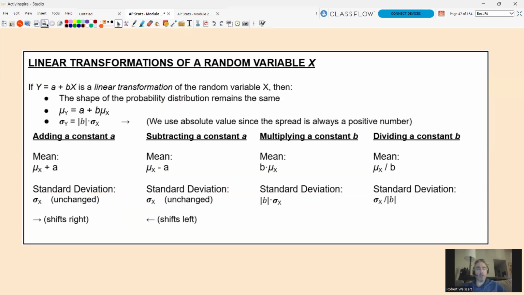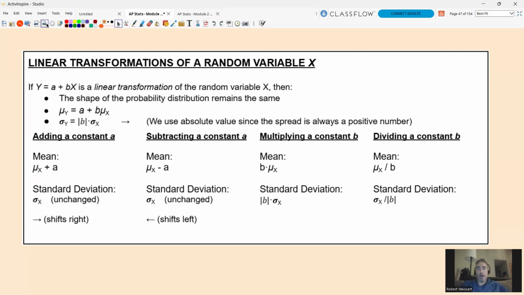So the generic idea is that multiplying or dividing will always change the standard deviation and the mean. What it won't change is the shape of the distribution. Adding and subtracting will only change the mean, but it's not going to change the standard deviation because all it does is shift it up or down. So you can pause and write this information down if you need to.